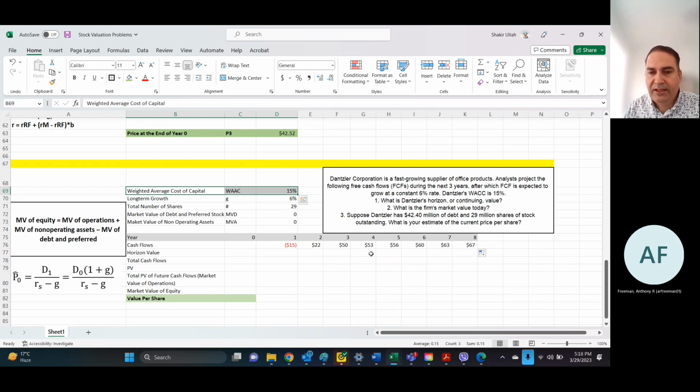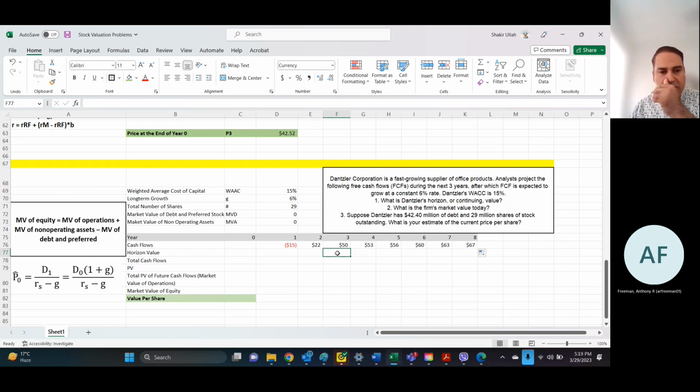What we mean by that, if you can recall from our previous lecture, is the value of the stock from the point onward where it becomes a constant growth stock. And where's that point? It starts from year 3 to year 4. From year 3 to year 4, there is a 6% growth, and that growth is constant forever. So we will have to calculate the horizon value at this point.